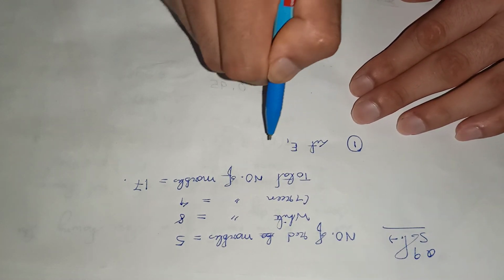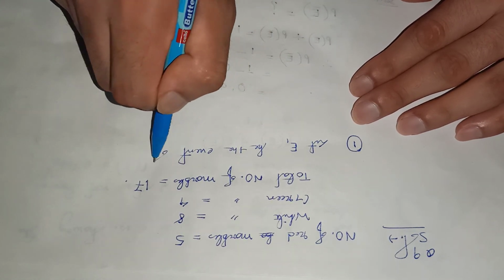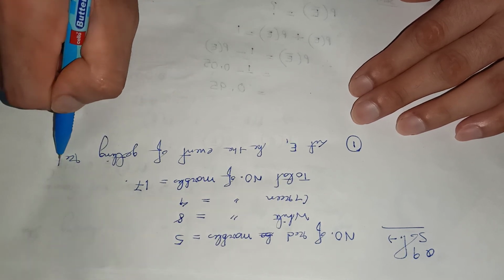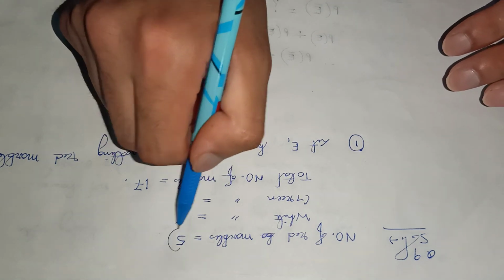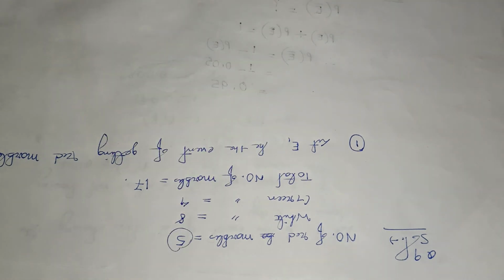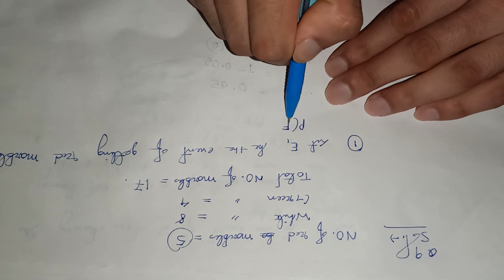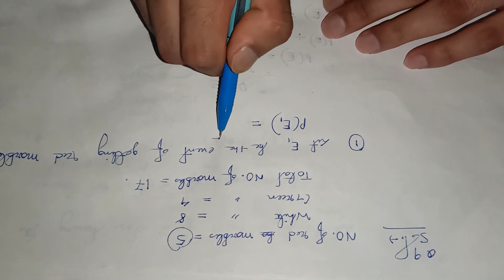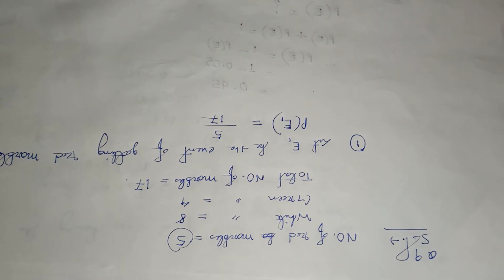So let E1 be the event of getting red marble. Now there are 5 red marbles, so the number of favorable outcomes is 5. So probability of red marble E1 will be number of favorable outcomes, which is 5, by total outcomes, altogether 17 marbles, so 5 by 17.